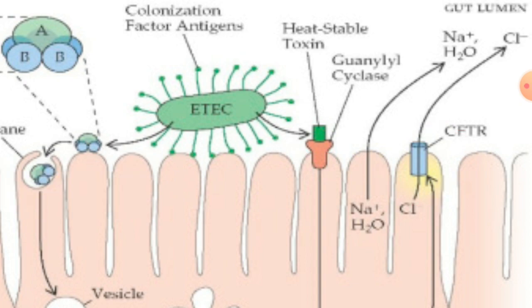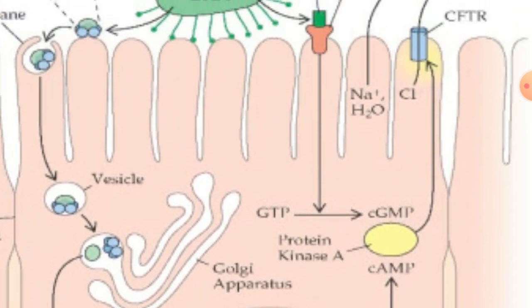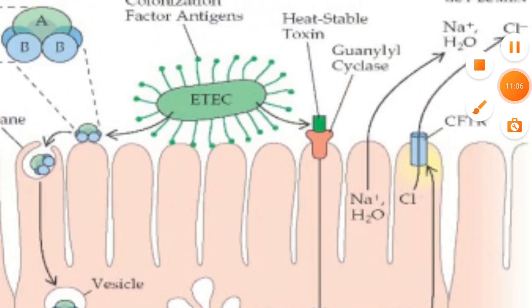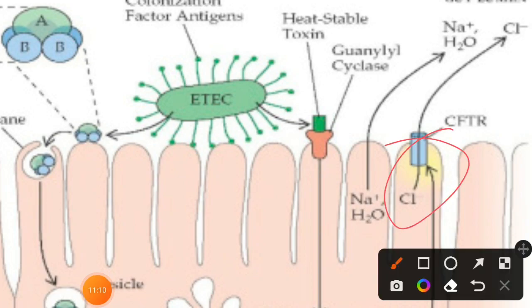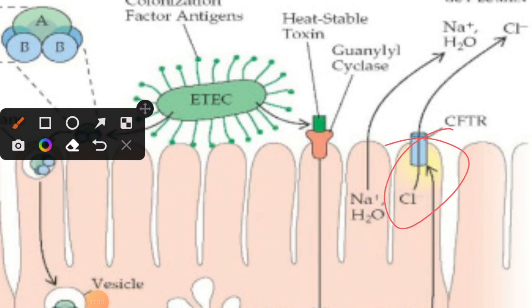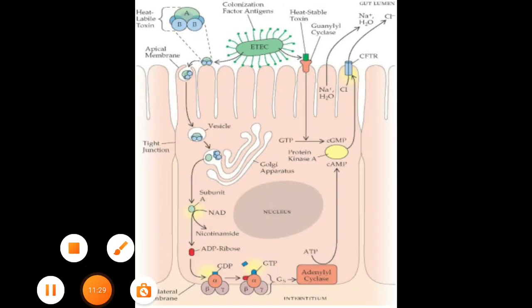Remember that the CFTR channel is usually used for the exit of chloride. As it is activated for a longer time, a large amount of Cl minus will be lost from the epithelial cell into the intestinal lumen. So that is what is going on here.